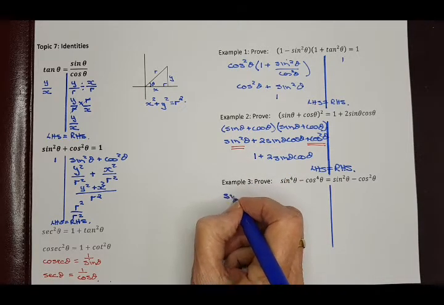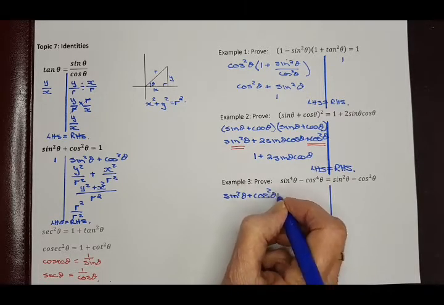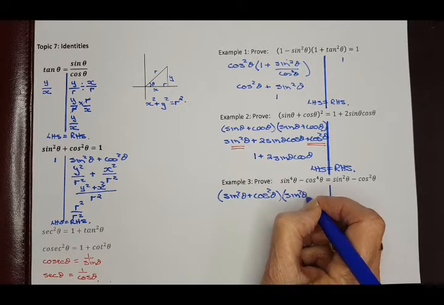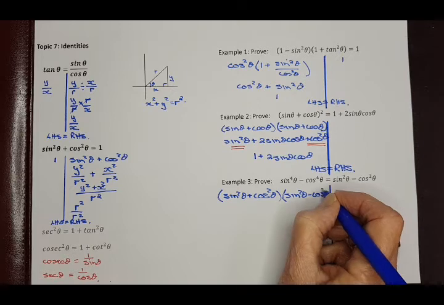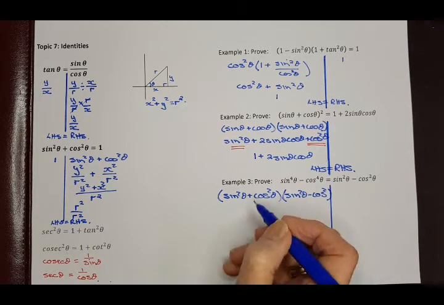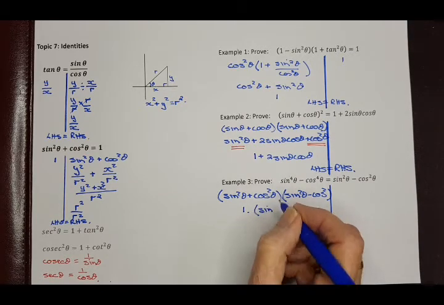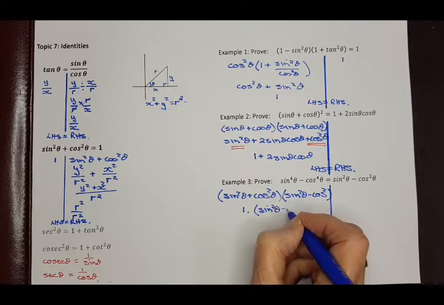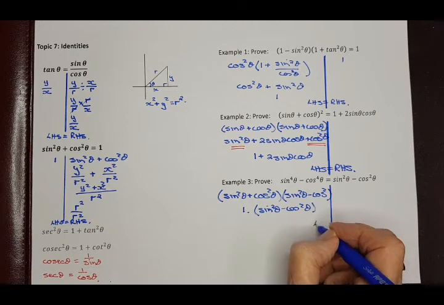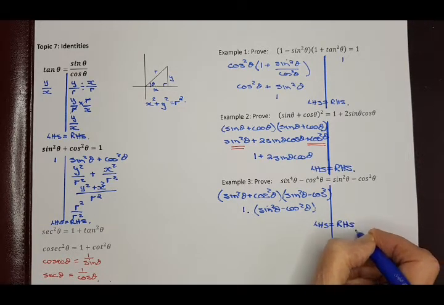And it's going to become sine squared theta plus cos squared theta multiplied by sine squared theta minus cos squared theta. Sine squared plus cos squared is 1, and we have 1 multiplied by our sine squared theta minus our cos squared theta. Our left-hand side is again going to equal our right-hand side.